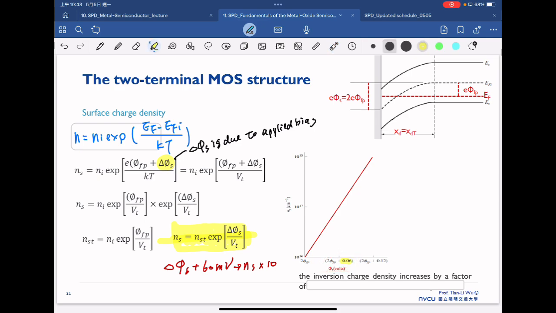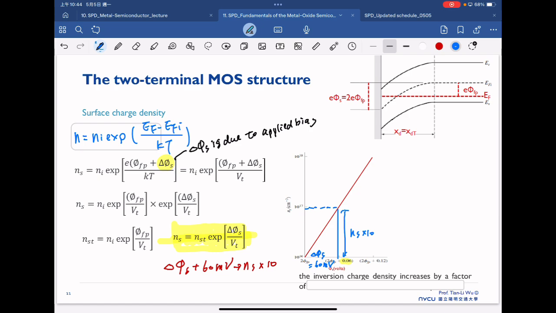So an additional increase of 60 millivolt in phi s can cause a 10 times increase of our surface charge density.